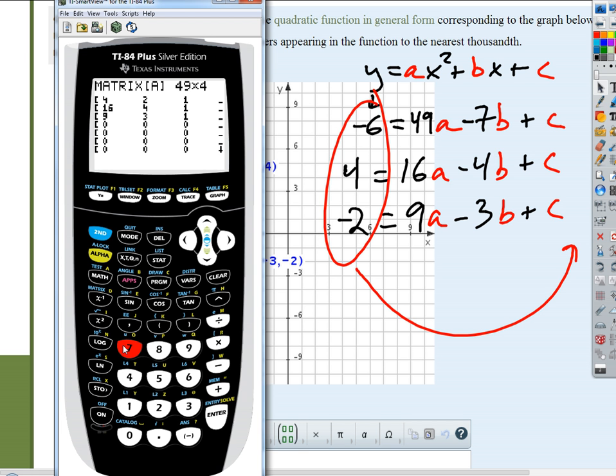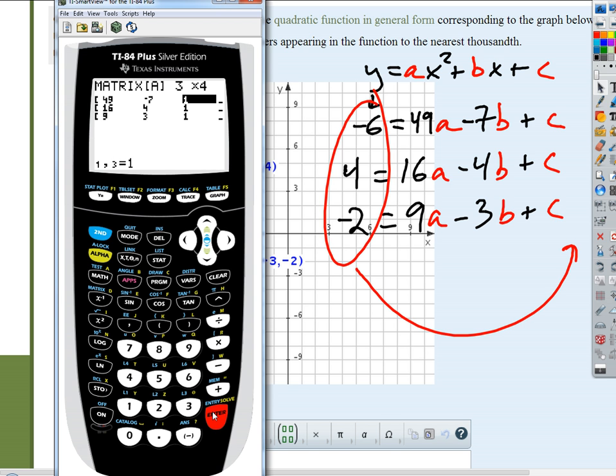You're making a really big one. Oh, whoops. That's probably not what we want. It's a big matrix. Okay, so 49, minus 7, 1, and then the constant has to go in the last column.